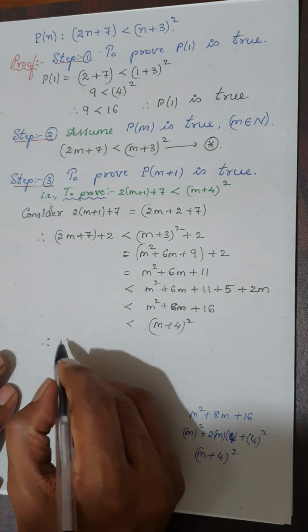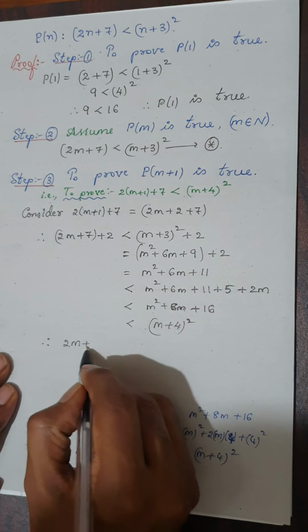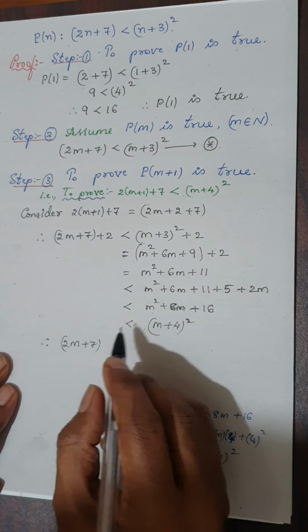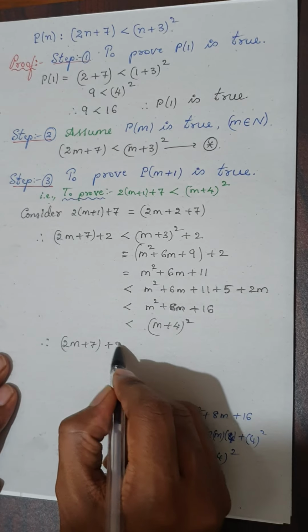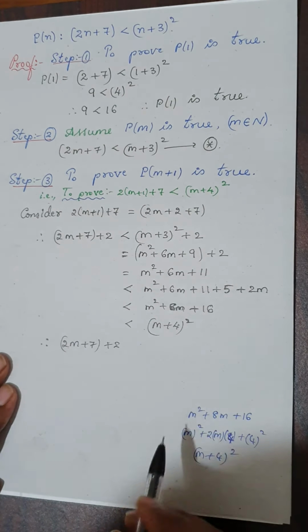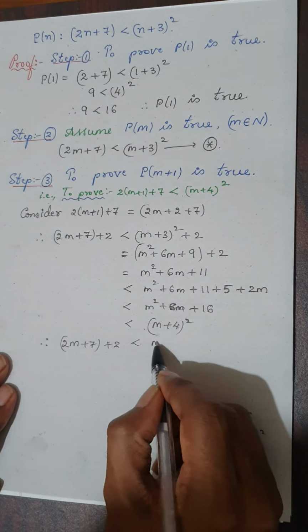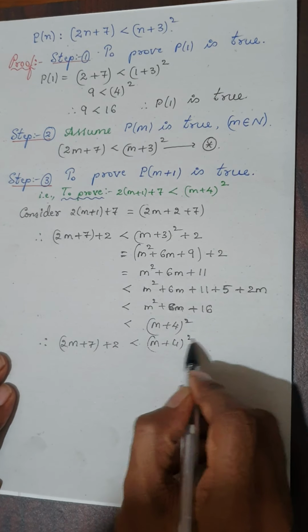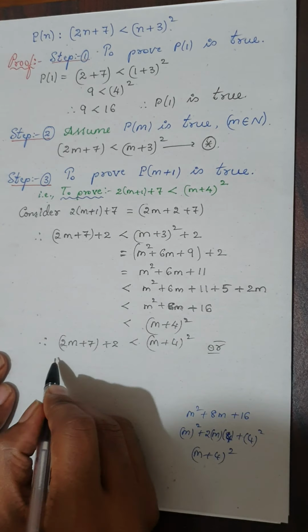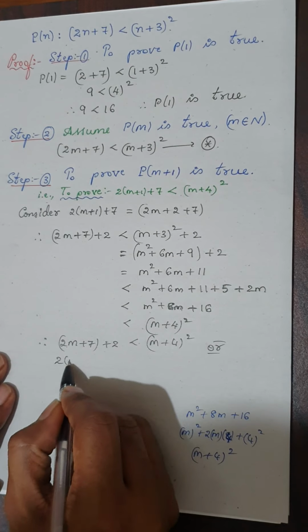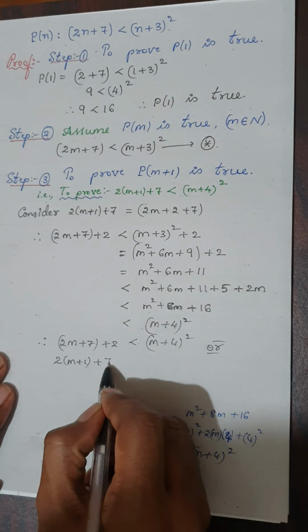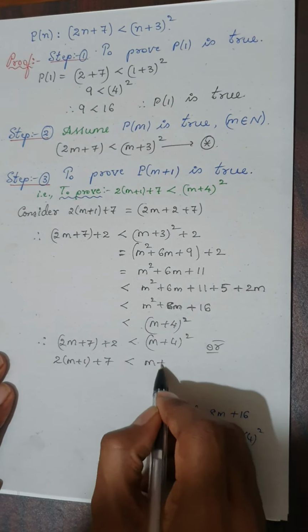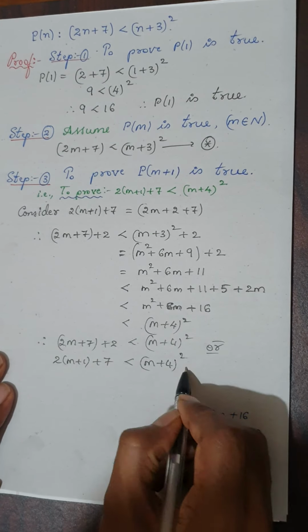Therefore, actually I started with 2m plus 7 plus 2. This is actually nothing but 2m plus 1 plus 7, which is strictly less than (m plus 4) whole square. Or I can further write it as 2 times (m plus 1) plus 7 is strictly less than (m plus 4) whole square.